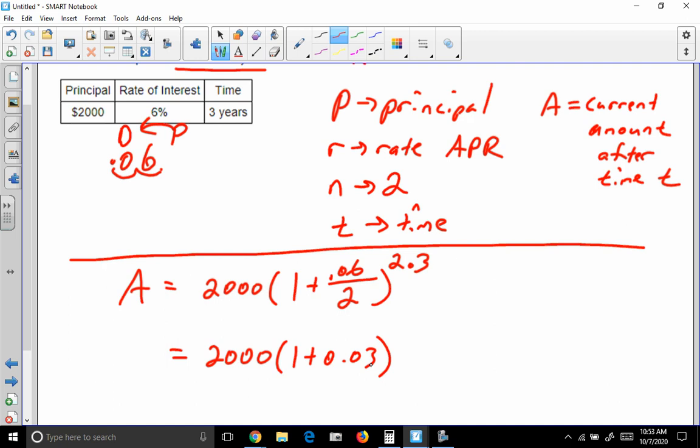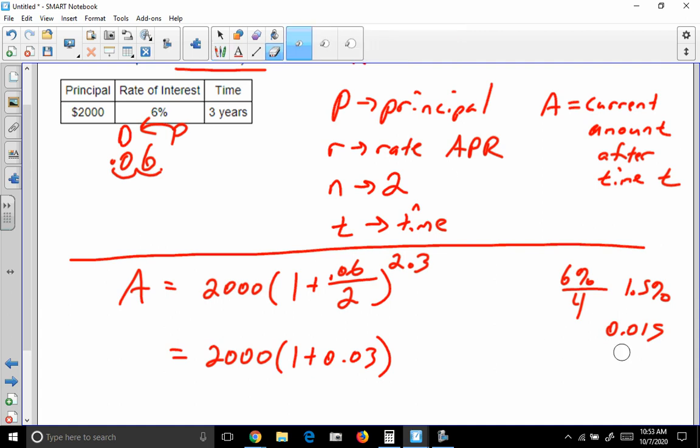Well, guess what 3% twice is? 6%. If we were getting interest quarterly, 6% divided by 4, that's how much we would get each quarter. So not the whole 6% every quarter, but a fourth of that every quarter for a total of 6%.